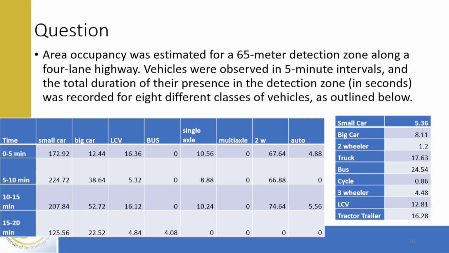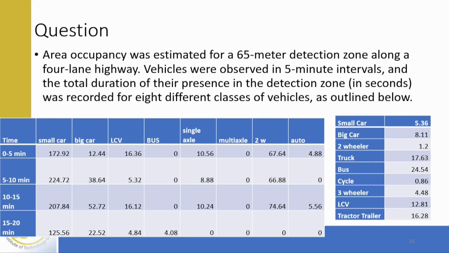Now, for this particular problem, we recorded the values for every interval of 5 minutes. You can see 0 to 5 minutes, we are observing some small cars, big cars, LCV, like that we have observed. So what this 172.92 is, let's say there are 20 cars you have observed.